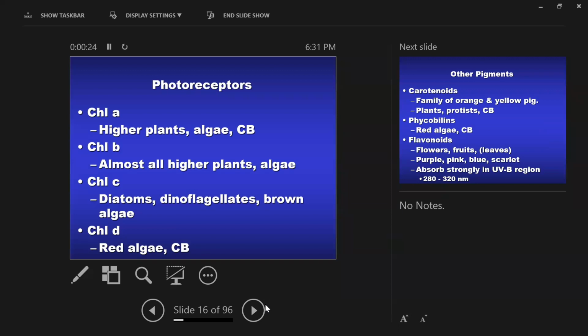But be aware that C and D are also options depending on the photosynthetic organism. Knowing precisely that diatoms, dinoflagellates, and brown algae have chlorophyll C, I'm not going to get to that level. But know that yes, there are different versions beyond chlorophyll A and B, and it depends on the microbe or the plant or the algae.